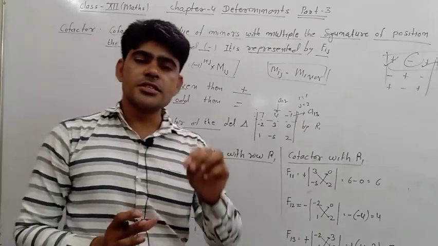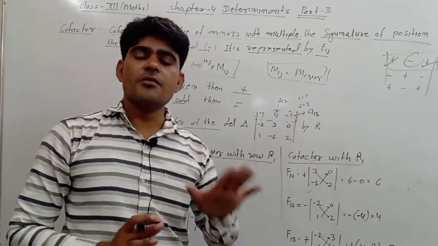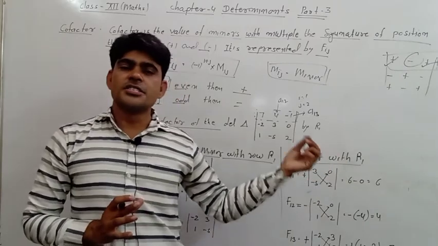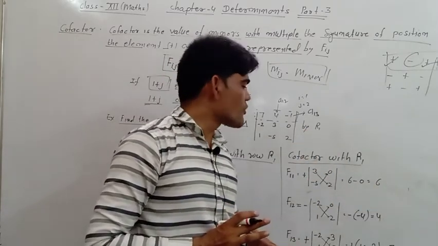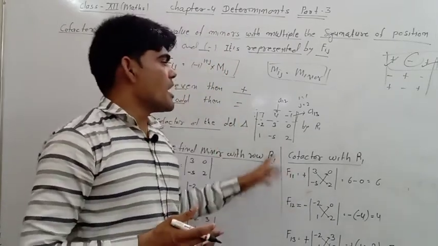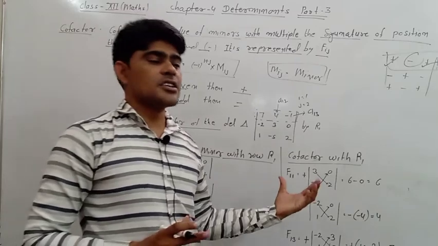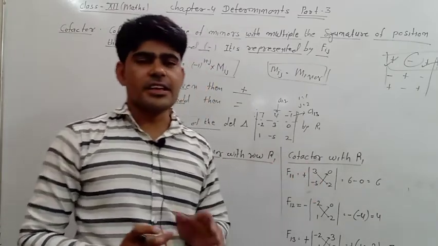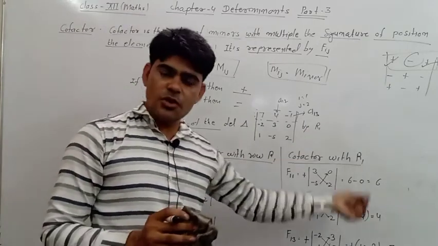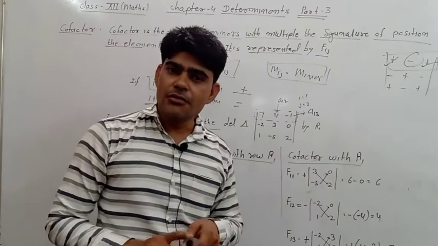A minor is only a subdeterminant of a given determinant, but a cofactor is the value of a given minor with its sign. Where are cofactor and minor used? Cofactors and minors are used for finding the value of any determinant. We can find minors and cofactors from any row or any column, and after that we can find their values.